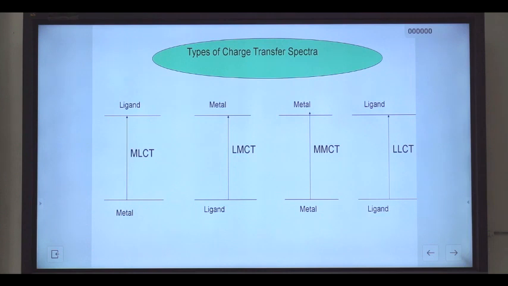Similarly for ligand to ligand charge transfer, both are ligands, but the condition is that the ligands should be oxidizing and reducing in nature so that LLCT will take place. However, MMCT and LLCT kinds of transition are very rare, and LLCT is not responsible for the color of the compounds in most cases.